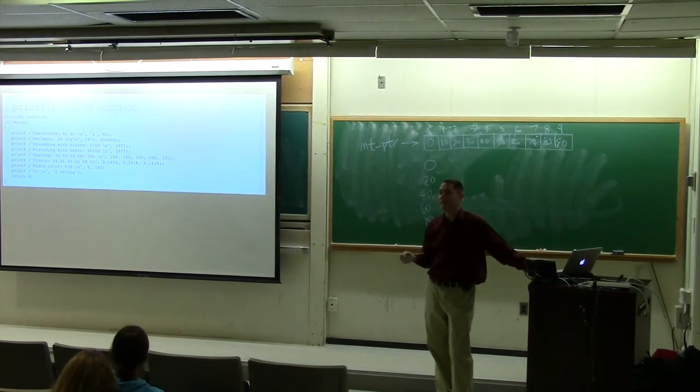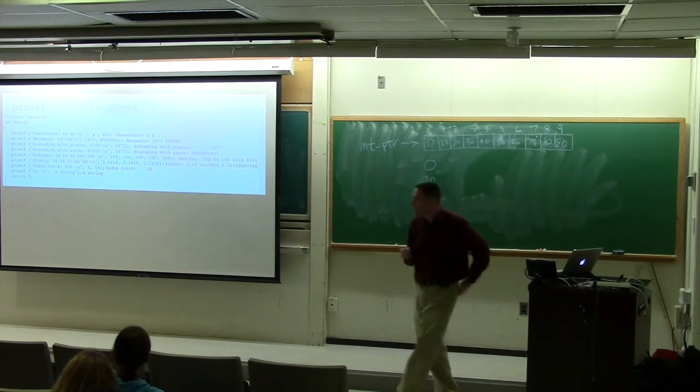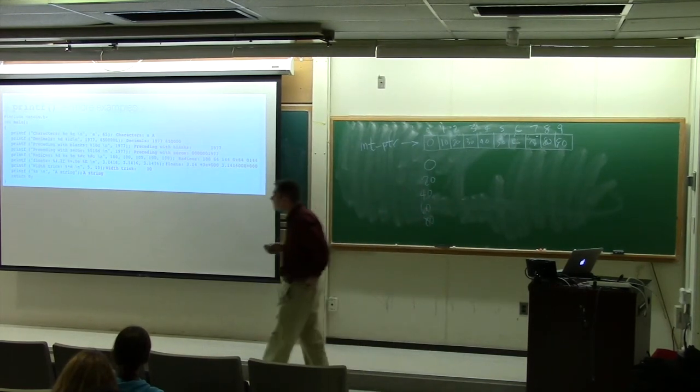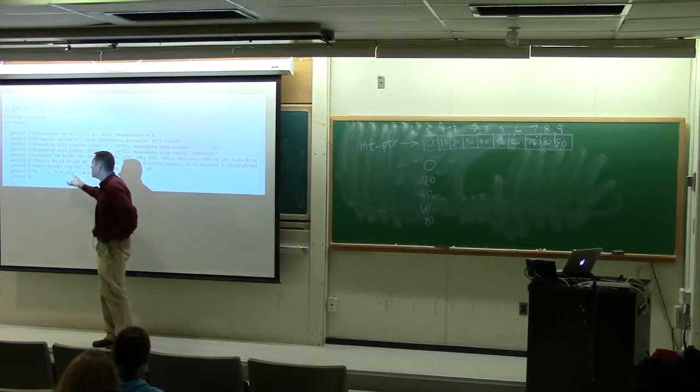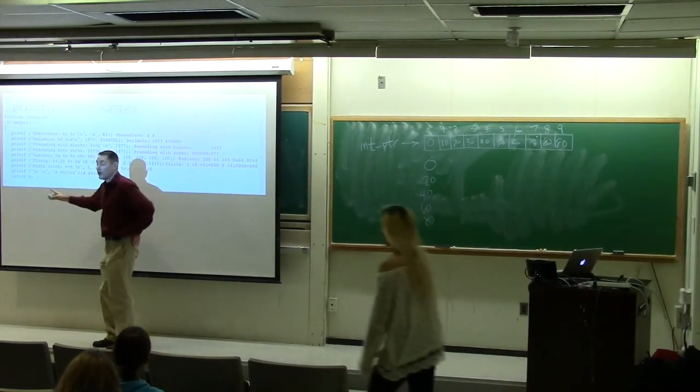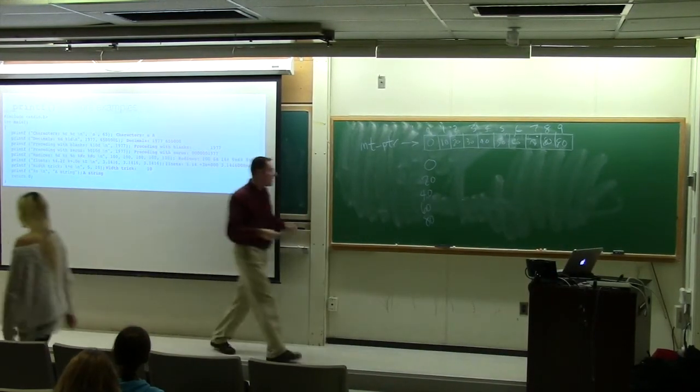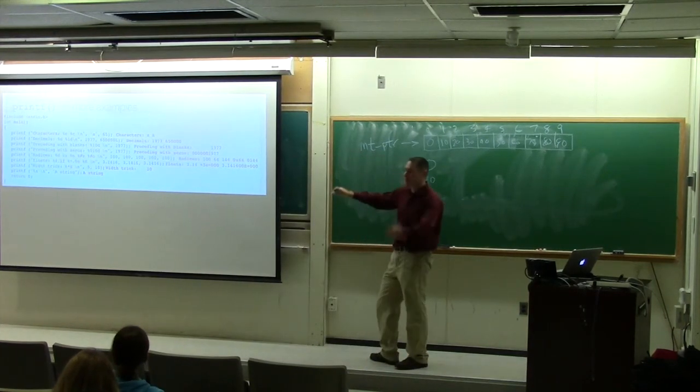So for this character array versus the string, could you say character array 10 equals 10 characters in parentheses, like a string? Well, that's a good question. How do you do that? Let's say you wanted to do a character string that was hello.